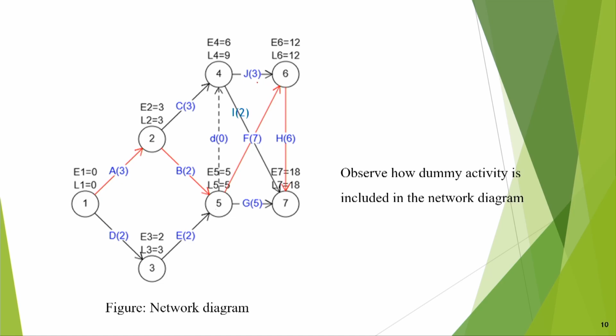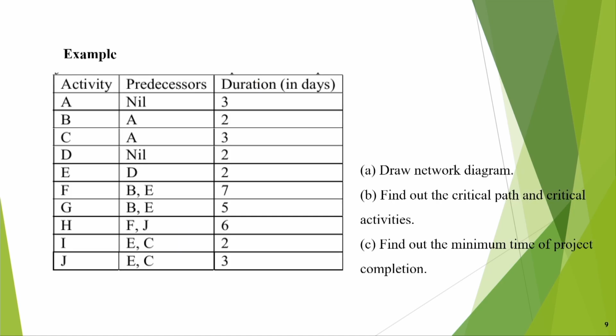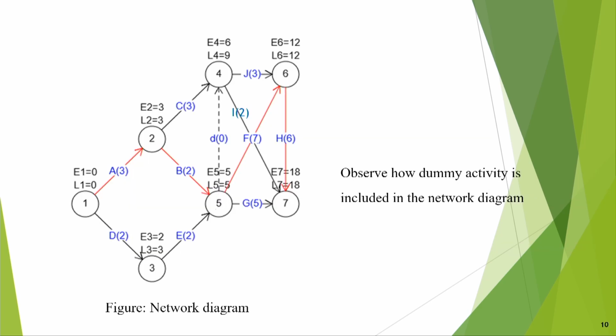Then what happens about J? J can be done when E and C are complete. So, E is this activity, C is this activity. I have done C this way, but J can be done only after both C and E. There was no path here, that is why I made a dummy activity.